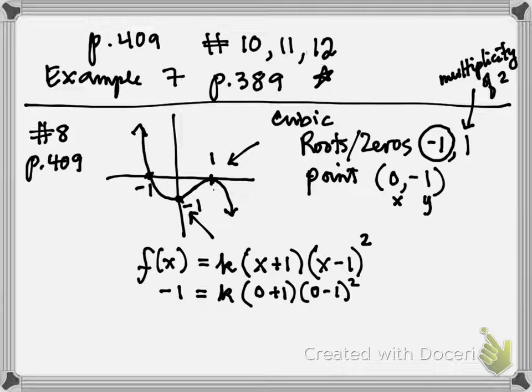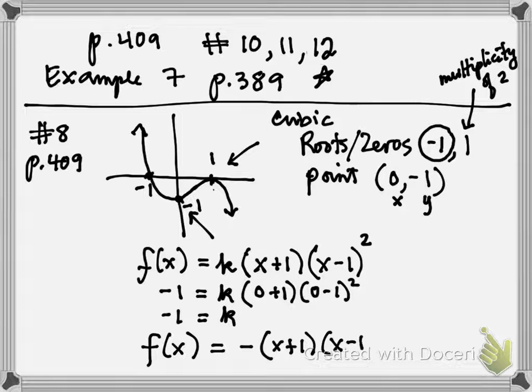So I get -1 equals, okay, 0 plus 1 is 1, -1 squared is 1, so this is 1k. Therefore, my k is -1. Okay, so now I know my k is -1, so therefore, I'm going to write my equation now. F of x equals negative x plus 1, x minus 1 squared.